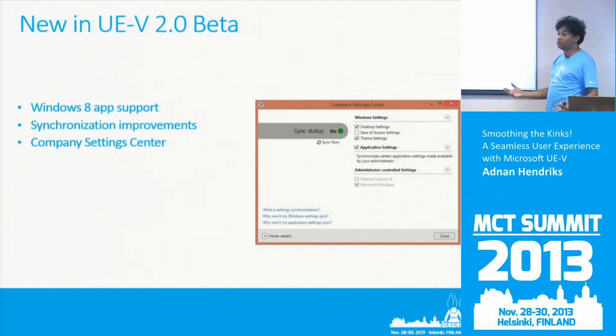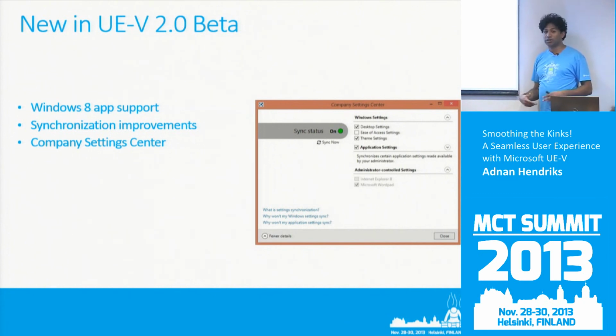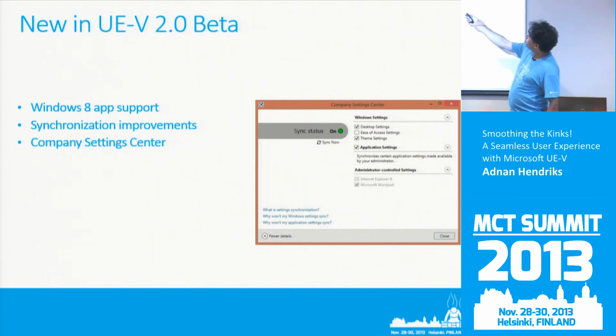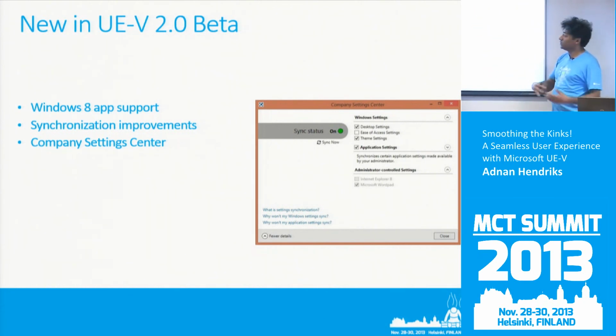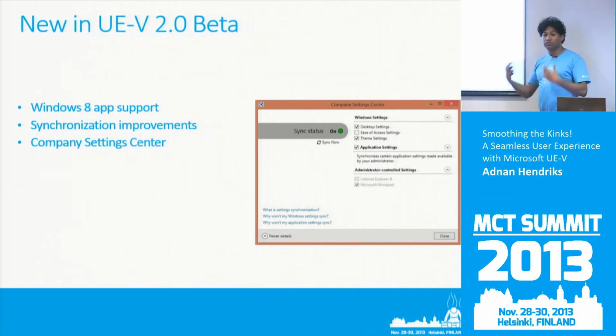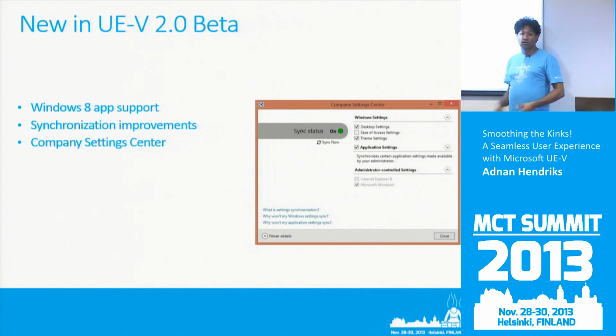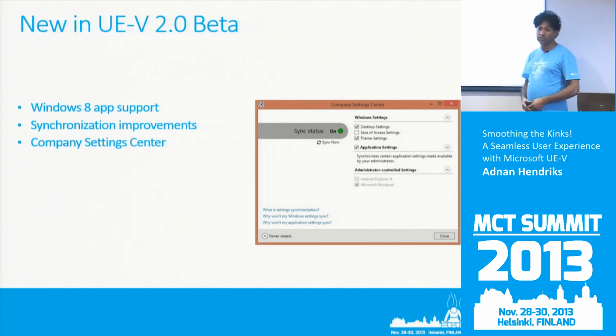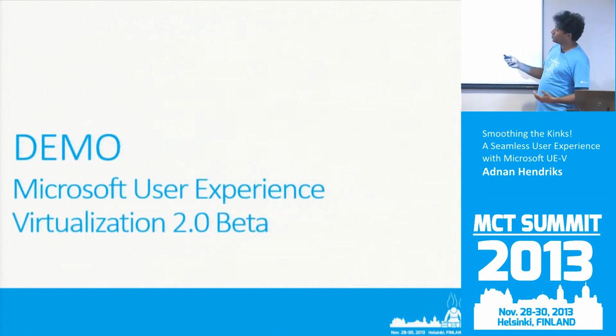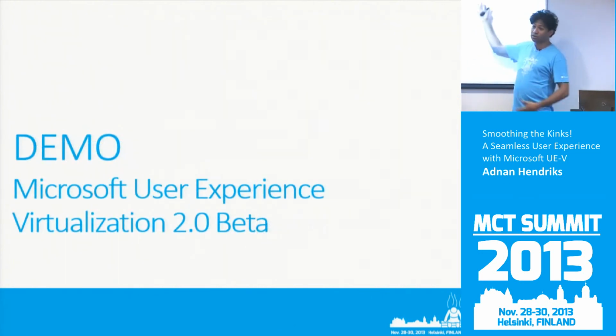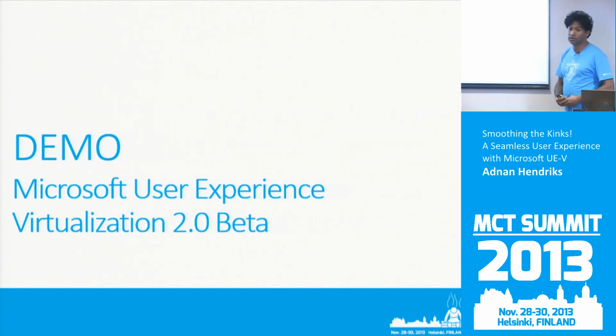Now, we live in a user-centric world where we want to provide that extra flexibility. And the user could click on Sync Now to sync the settings. So with version 2, the only real difference is the syncing of the settings. So my demo is really just to show you that functionality where the user can change that.